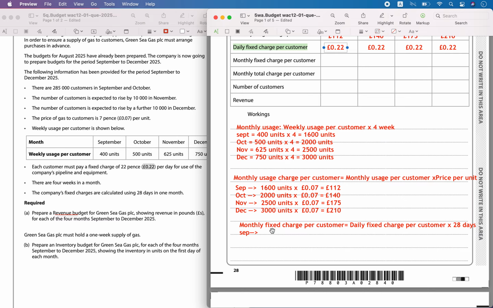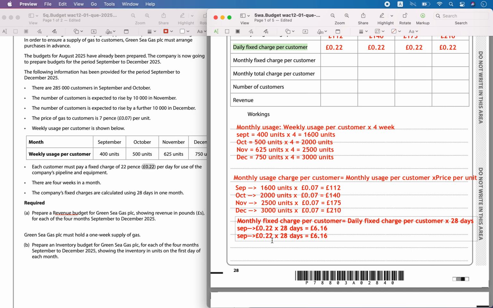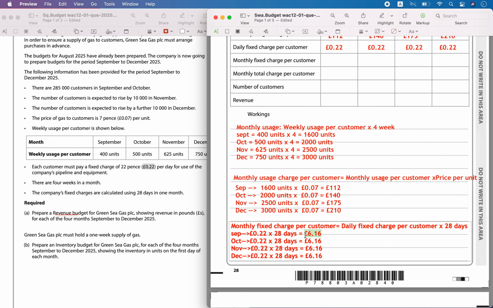So for September it will be 0.22 times 28, which is 6.16 pounds. For October, as we can see, it's the same for all the months: 6.16 pounds is the fixed charge per customer.